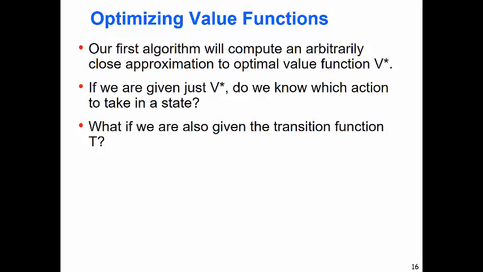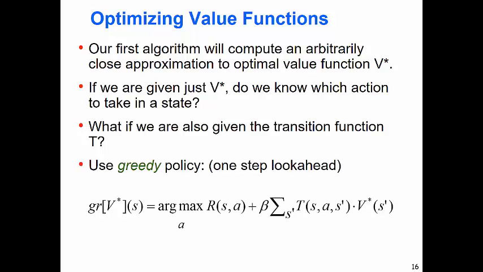And so this is what you would do. We're going to define the greedy policy with respect to a value function. And for lack of a standard notation, we're just going to say GR for greedy, and it's parameterized by a value function, which here we're going to have be the optimal one. So this is an operator that at each state returns exactly what he was describing, the action that achieves the maximum future value, assuming that you get V star in the future.